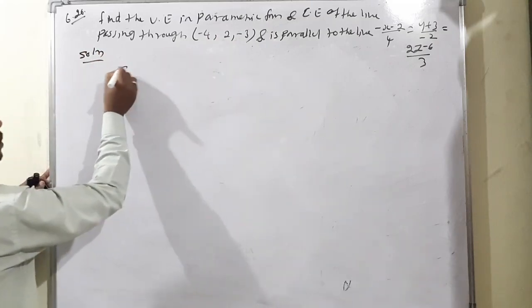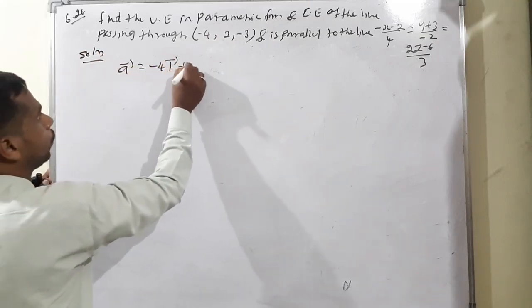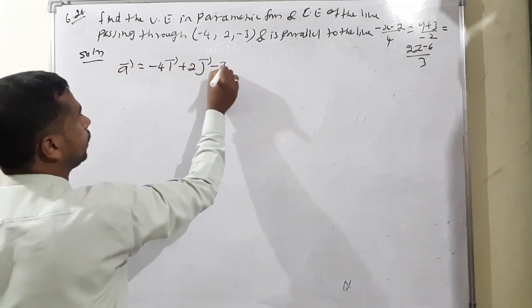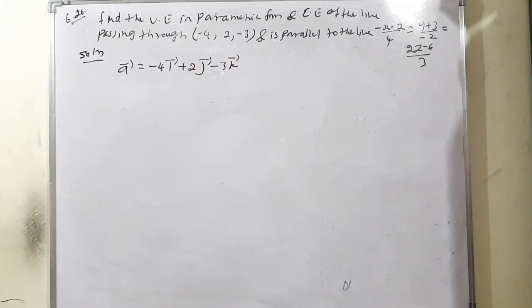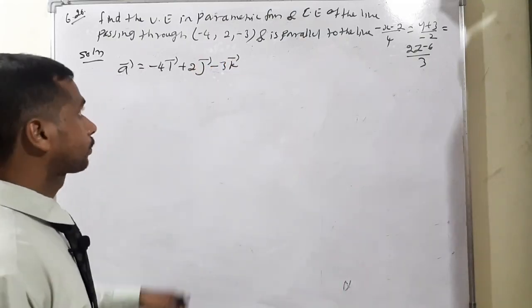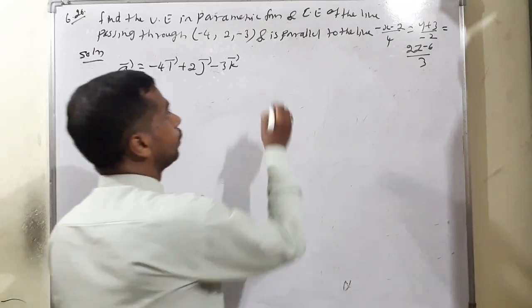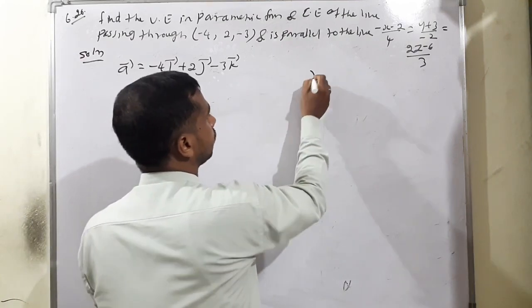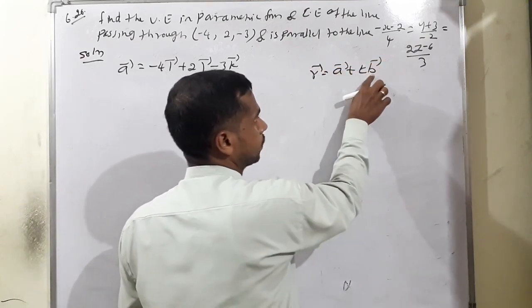This point means what? A vector is equal to minus 4i vector plus 2j vector minus 3k vector. We can write it directly. Then next we need to find the parallel line, that is, we need to find the B vector, because we already know the vector equation: R vector is equal to A vector plus t B vector.